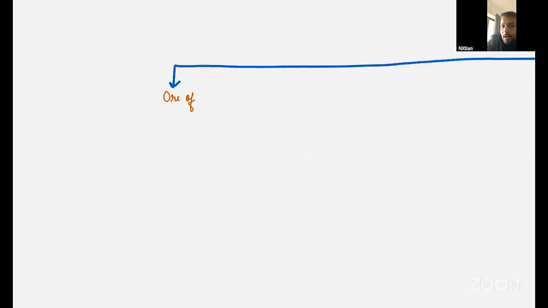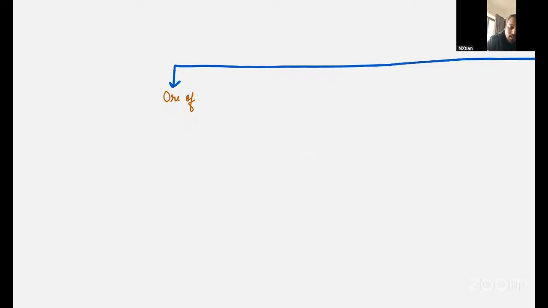So ore is basically the substance from which we can extract the mineral. Ore is the concentrated form of mineral. If a big chunk is extracted from the earth, that is ore, and from that ore we will get iron. A lot of minerals will be in one ore, so we have to extract the minerals separately.